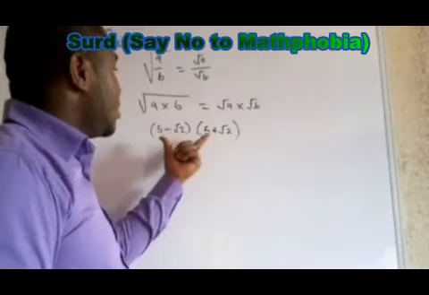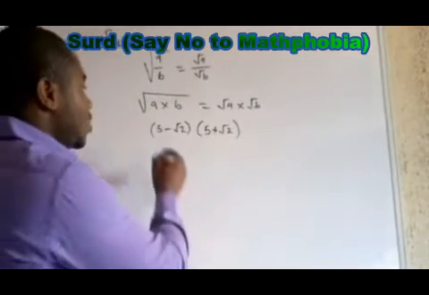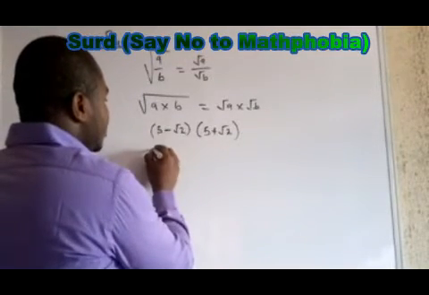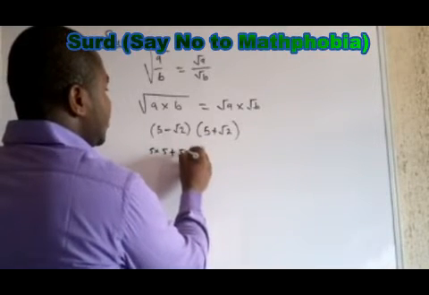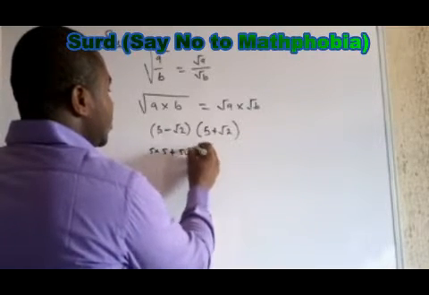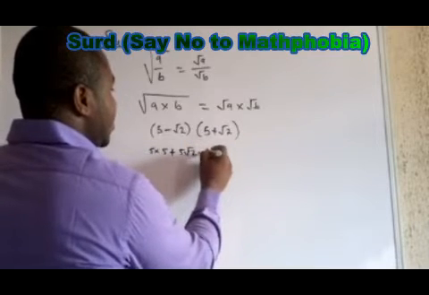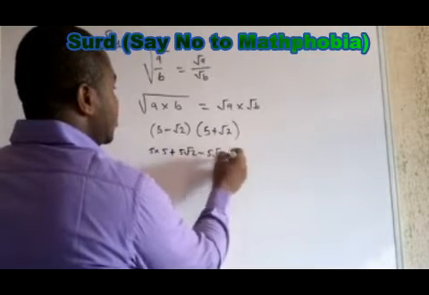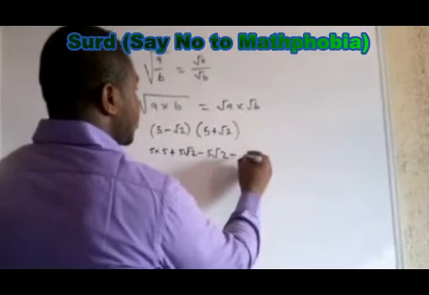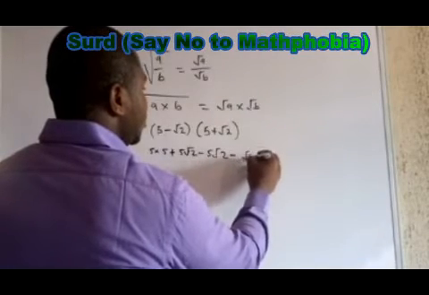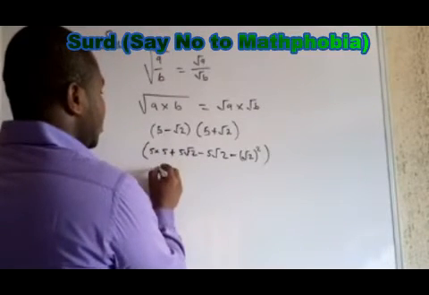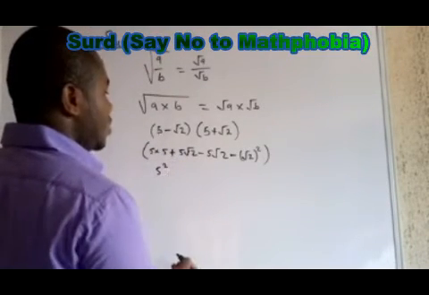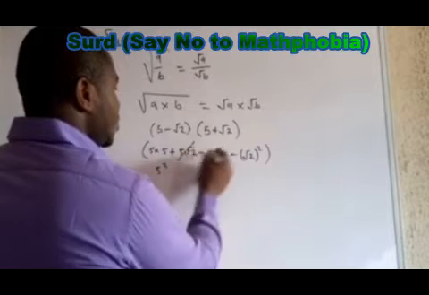Looking at this, upon expansion, you have 5 times 5 plus 5 root 2 minus 5 root 2 minus root 2 squared. So if you look at this, you see you have 5 squared also. So this will go with this.